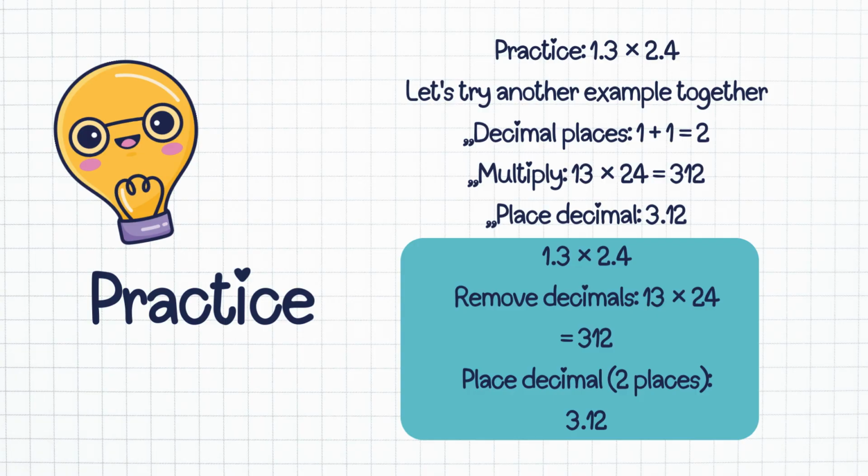Multiply them together and we get 312. Now, place the decimal point 2 places from the right. 3.12. Perfect. 1.3 times 2.4 equals 3.12. See how the pattern works?